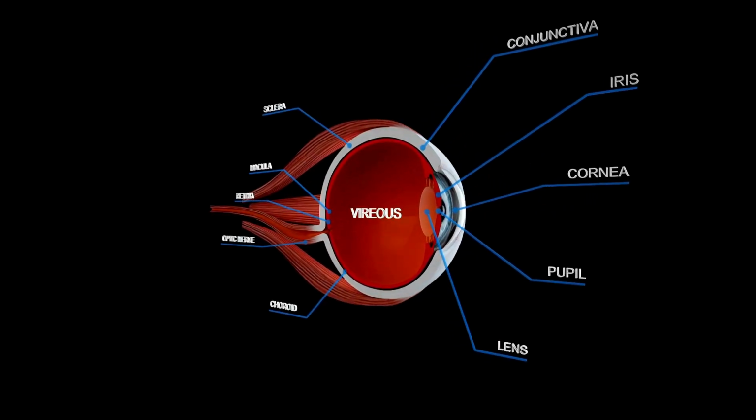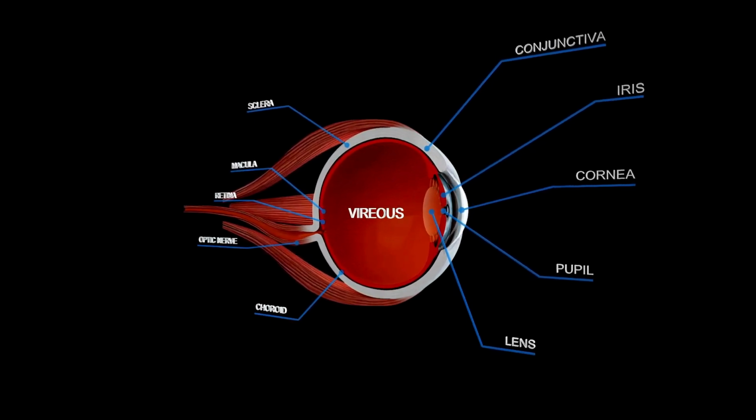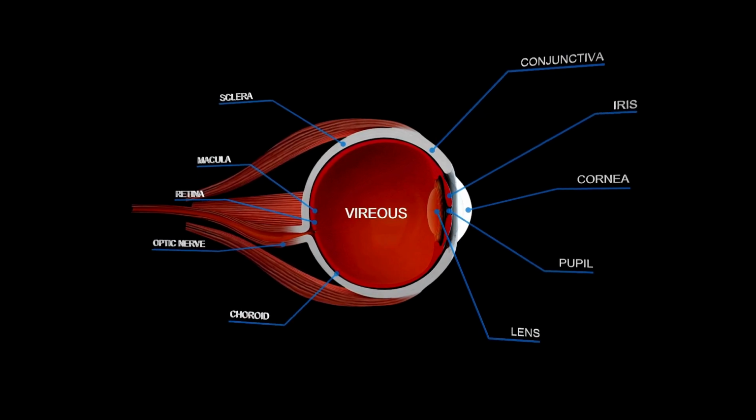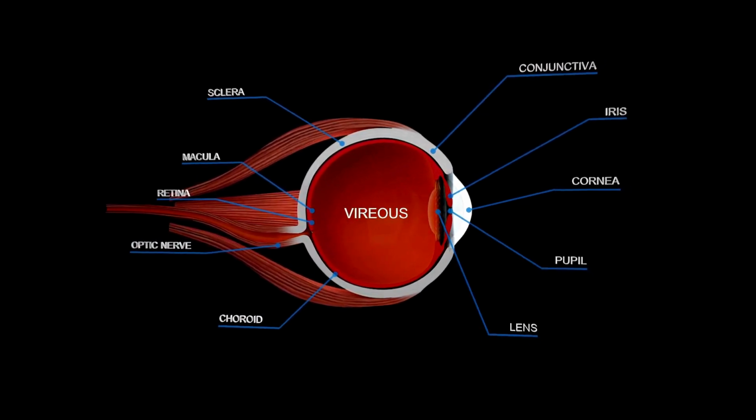The cornea is a transparent avascular tissue providing an optical interface with a diameter of 12 to 13 mm and a central thickness of 0.5 mm.